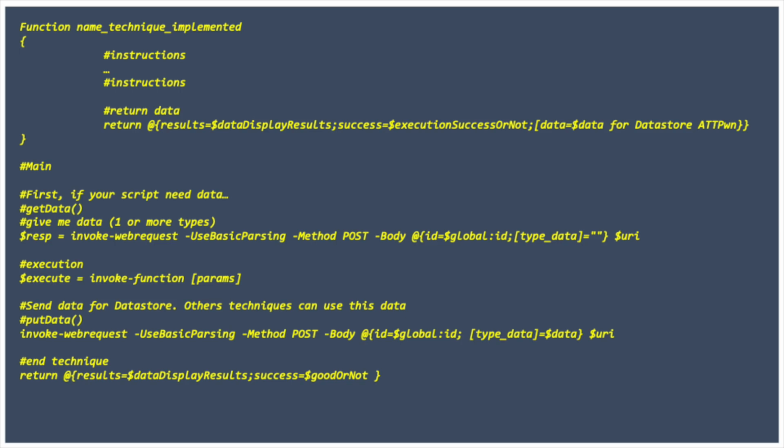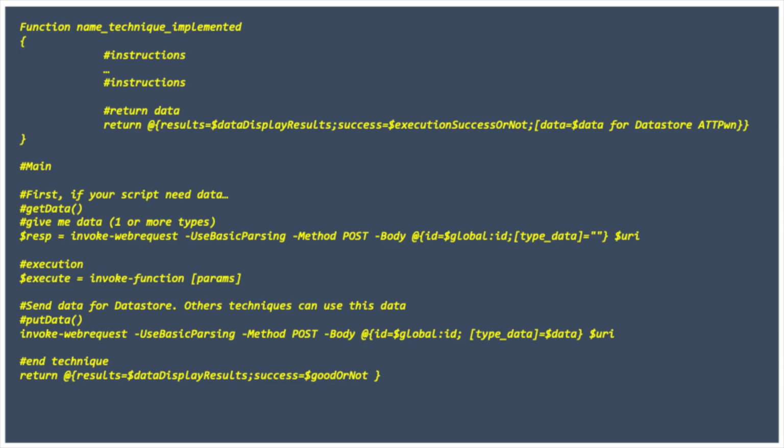And this main program is in charge of another 3 tasks. The first one is to request the necessary data from the root node for the technique to be executed. This is an execution prerequisite. The second one is to check if the execution of the technique has been successful or not.